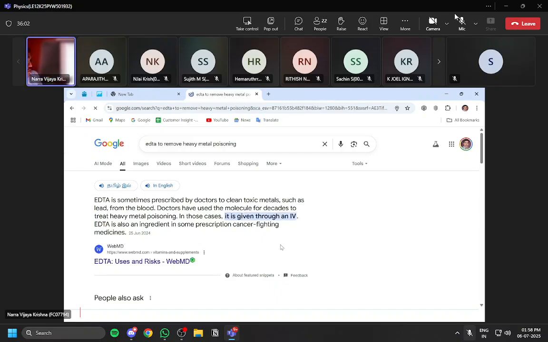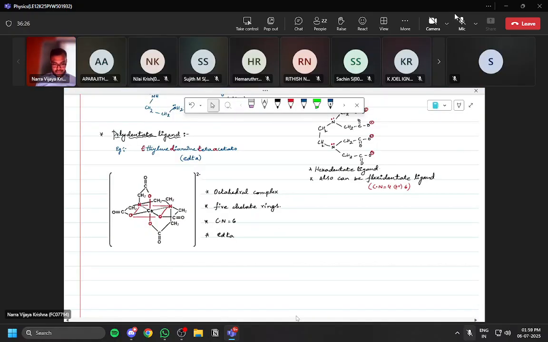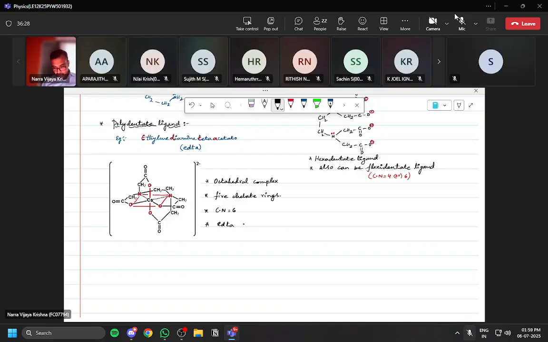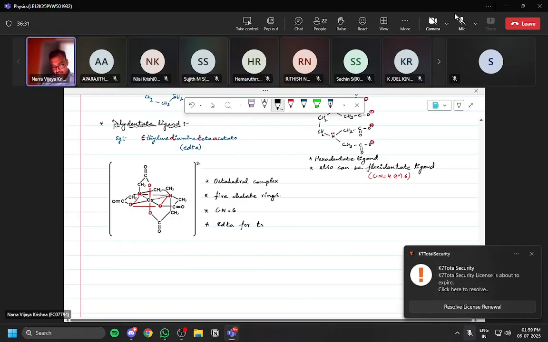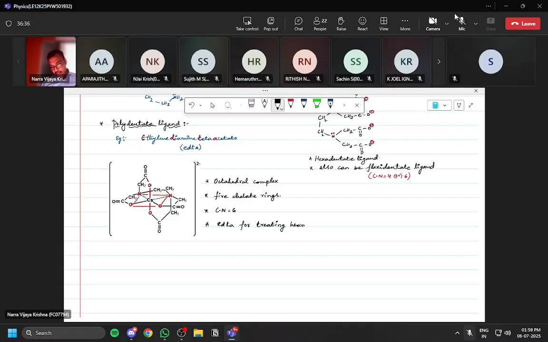EDTA is sometimes prescribed by doctors to clean toxic metals such as lead from blood. Doctors have used the molecule for decades to treat heavy metal poisoning. In those cases, it is given through IV. EDTA is also an ingredient in some prescription cancer fighting medicines, right? For treating heavy metal poison.